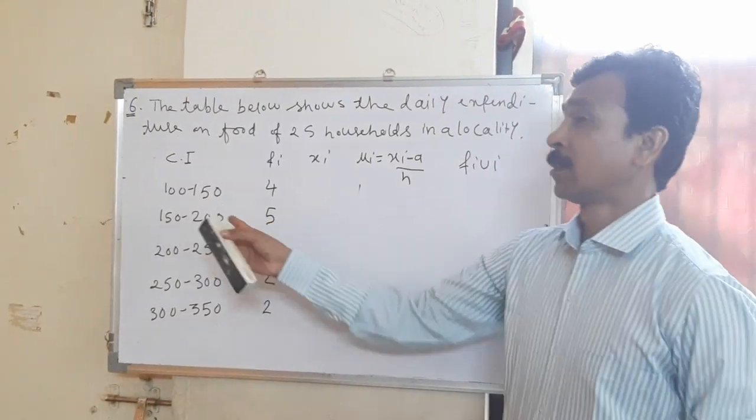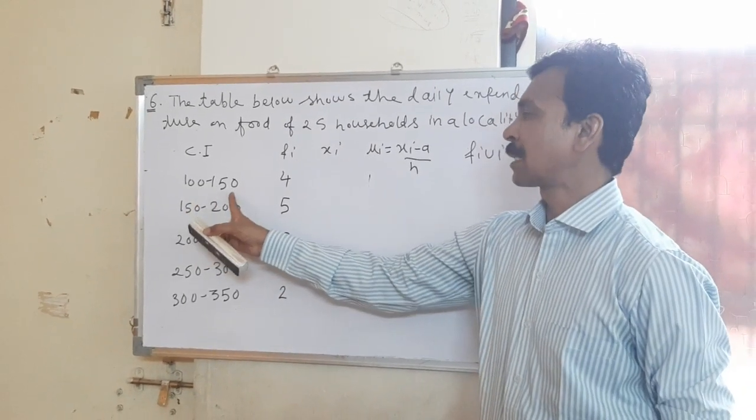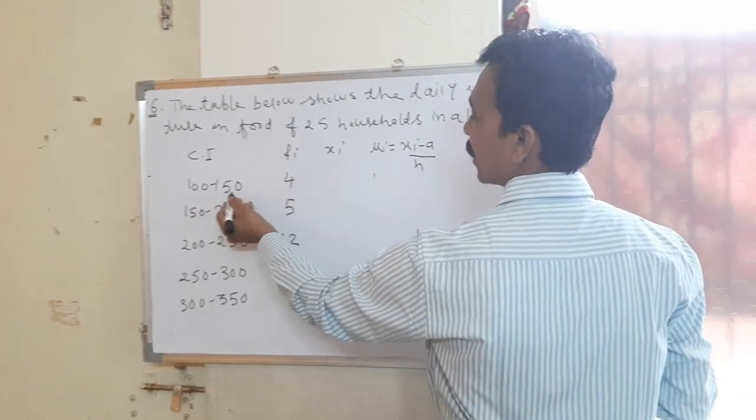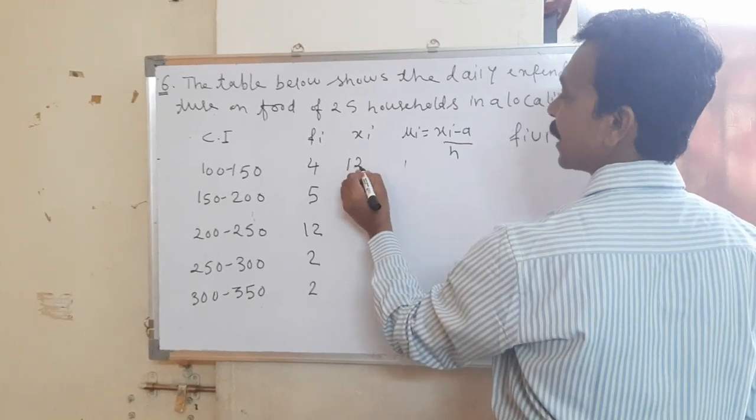Xi. We know the formula for xi. Xi is equal to lower limit plus upper limit upon 2. So here xi is 100 plus 150 is 250. 250 upon 2 is 125.